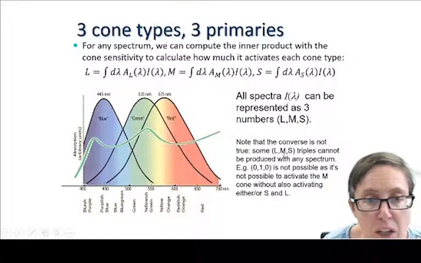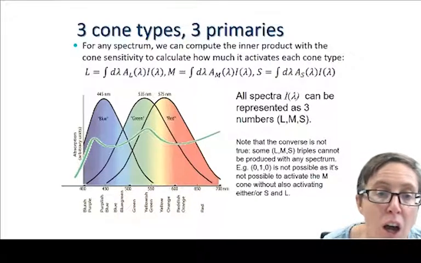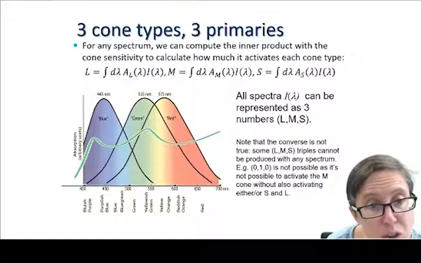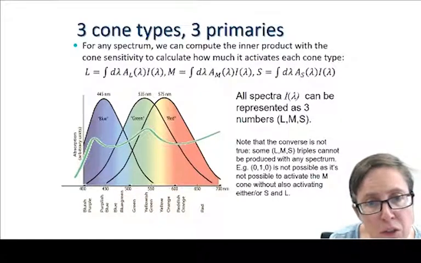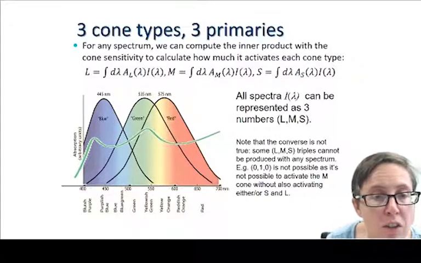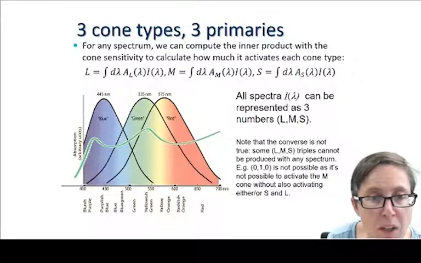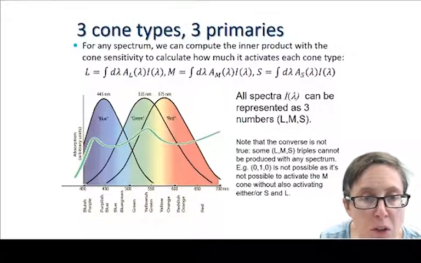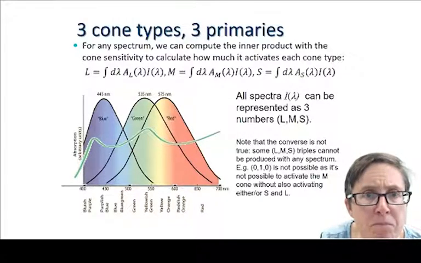Would this be a new colour that humans have never seen before? I have no idea. I don't think anyone's done the experiment yet, although people have certainly talked about it and wondered if maybe you could use a very precise laser to target just the M cones. So you're hitting M cones without hitting the L and the S cones. What would people see? So that's a question you may know the answer to one day.